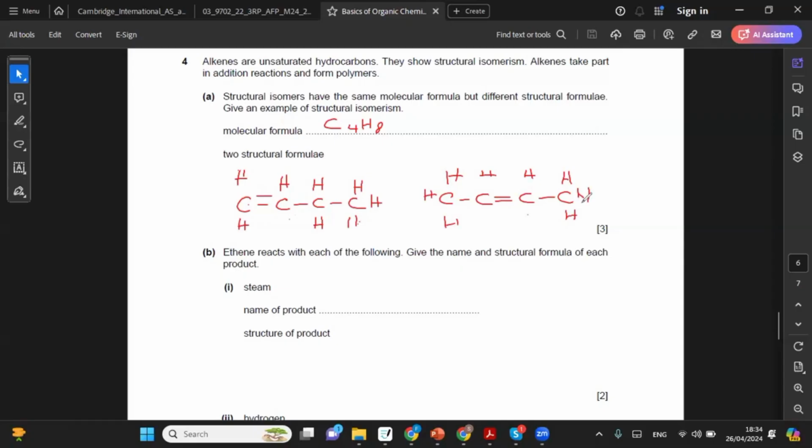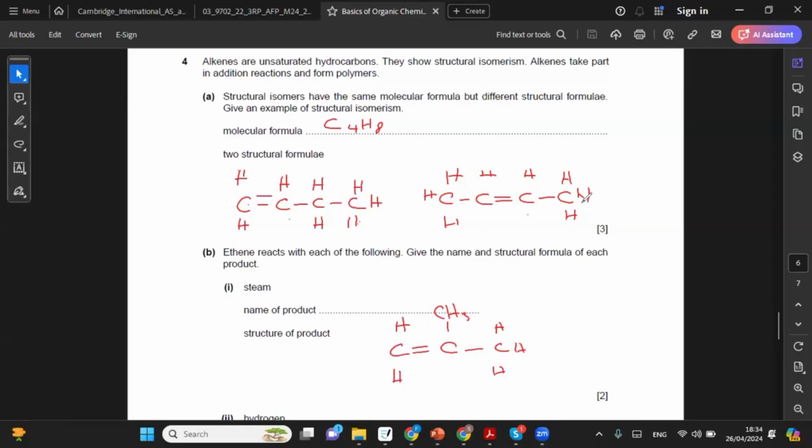If you want, you can possibly add a methyl chain to it. What if I put a CH3 over here? Now, what do I have? I have propene. I have 2-methylpropene, right?